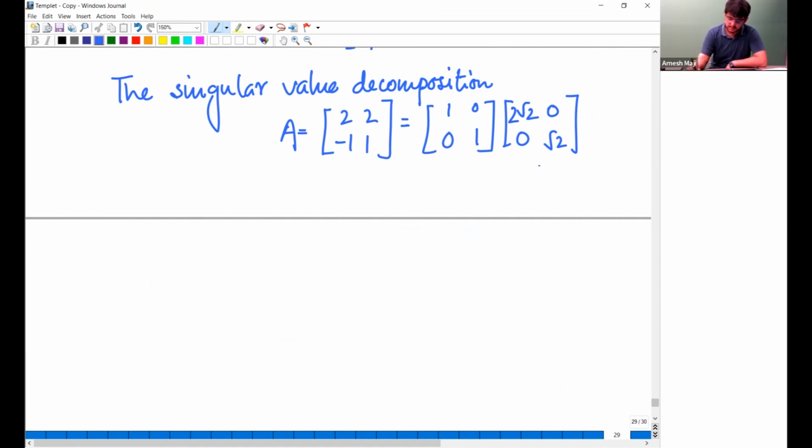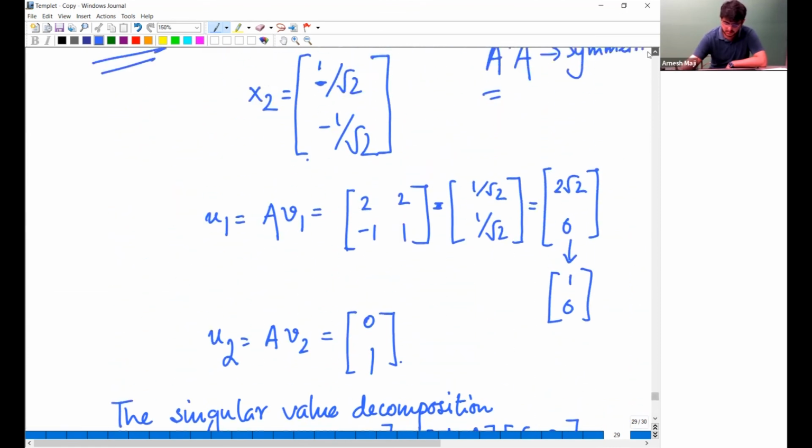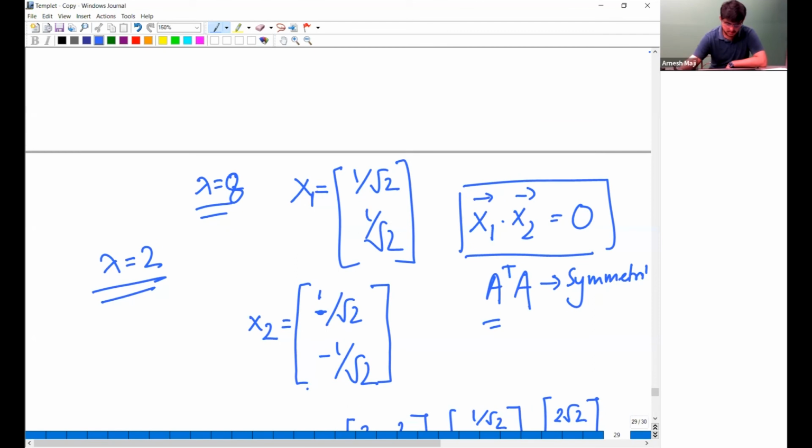I'll write that here. So there is a singular value decomposition.